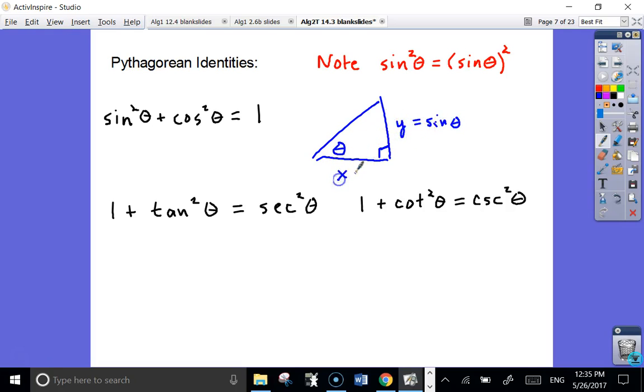The x-coordinate is there, and that equaled the cosine. And the hypotenuse was always 1 because the radius of the unit circle is 1. Using the Pythagorean theorem, x squared plus y squared equals 1 squared. So we can also say sine squared plus cosine squared equals 1. That's where this comes from.